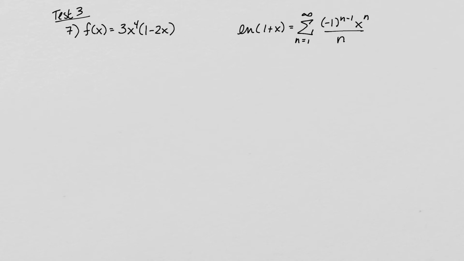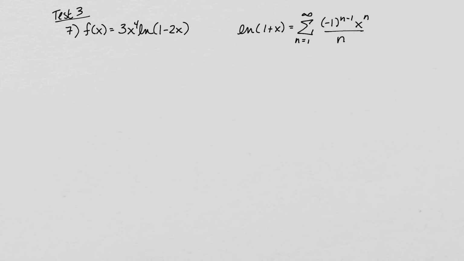So I gave you a piece of information that you could use, right? Oops, wait a minute, I didn't write this right. I'm missing a natural log in here. Right, natural log of 1 minus 2x.